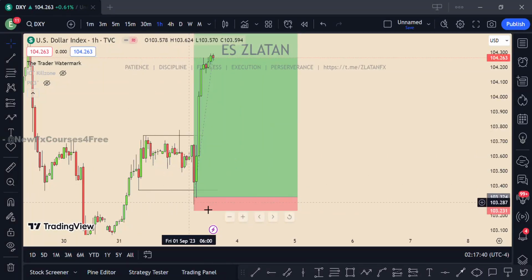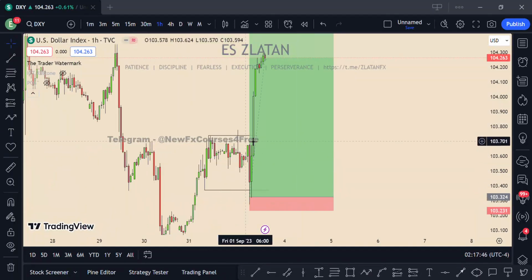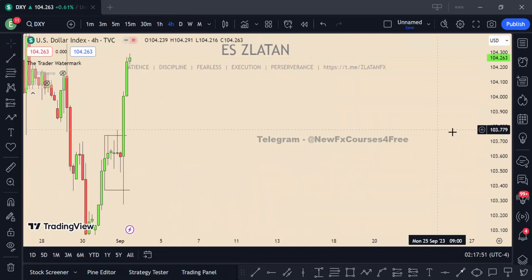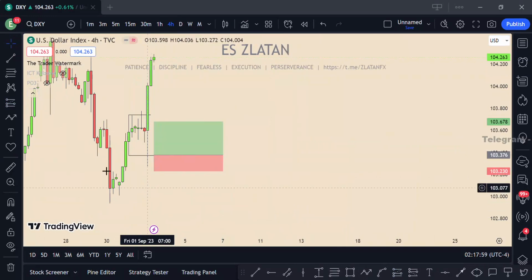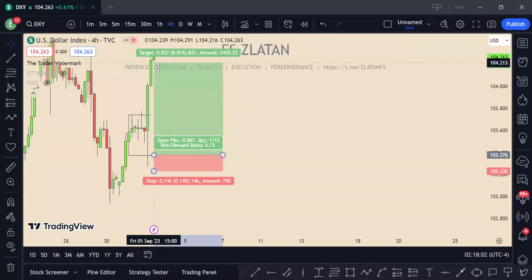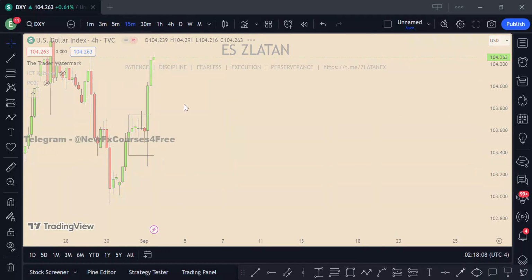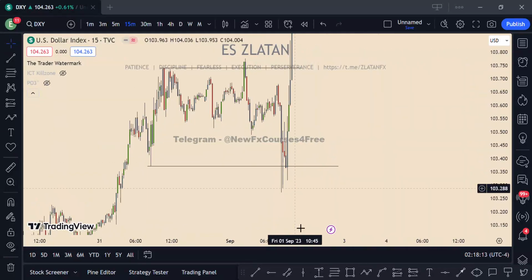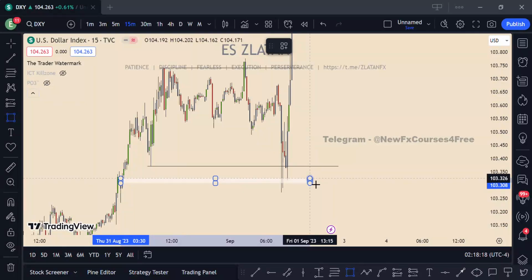So you could have used this low, that's the fair value gap low, or let's narrow down, let's go up. You could have used this also, the 4 hour fair value gap right here, and then you can target the higher time frame draw on liquidity, or you could actually go down to your 15 minutes, and if you notice there was also a fair value gap right here, right?